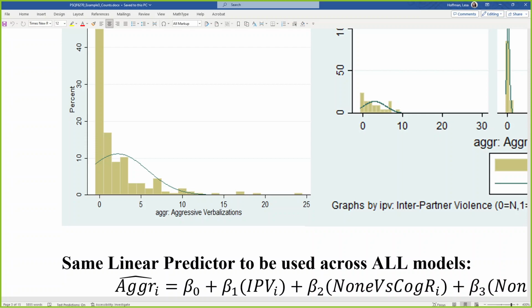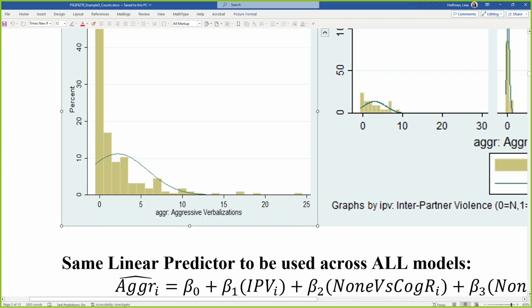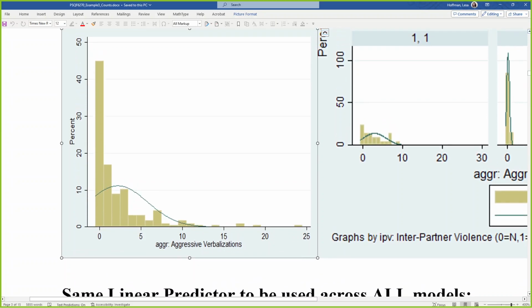I'm not a math person. I think we've established that, but I don't know of anything that I can do to a column of zeros that is 45% of the data to take this constant and turn it into something other than a constant. These are zeros. That is what it is. These are people who said no mean things. So I'm like, there is no transformation. This is a count outcome.